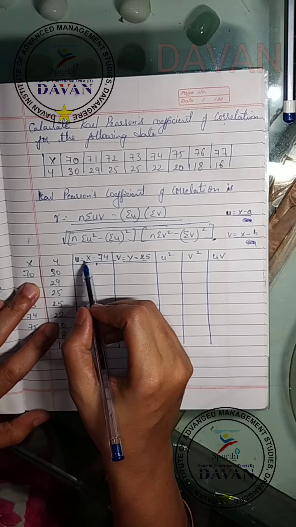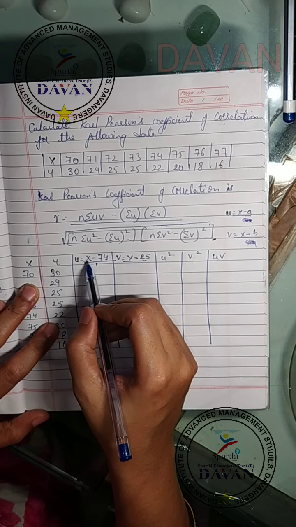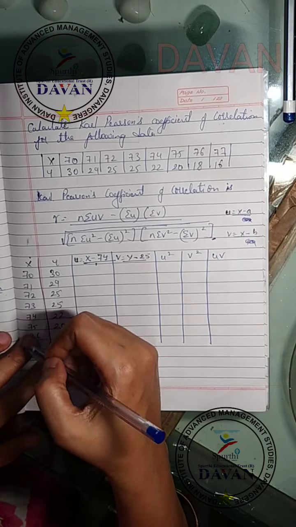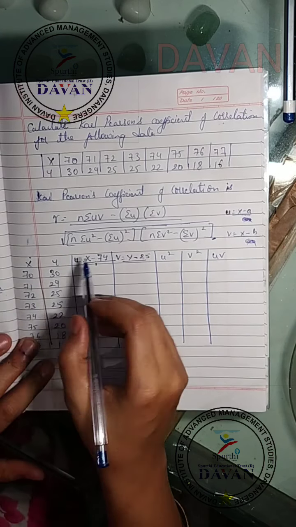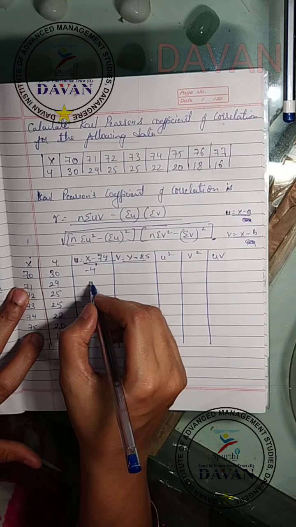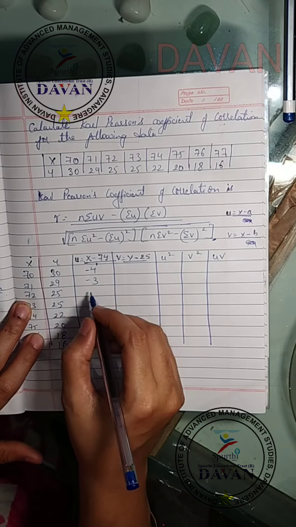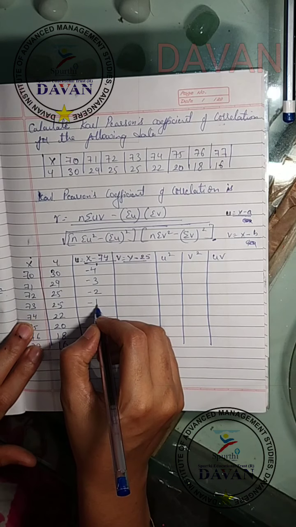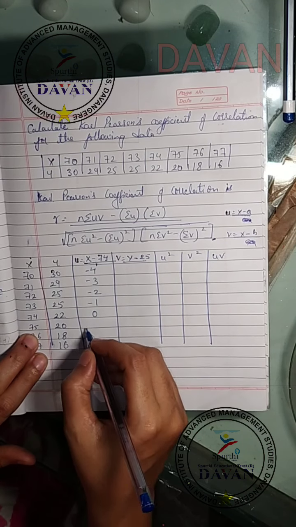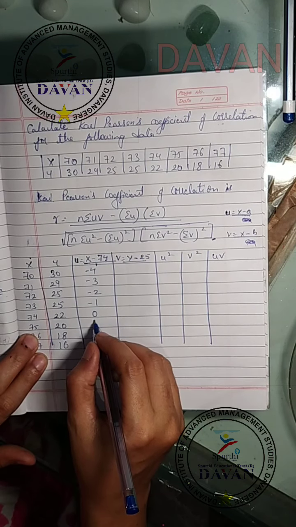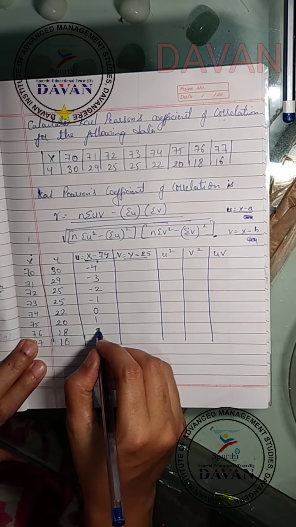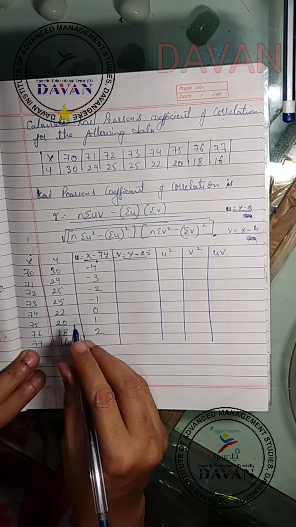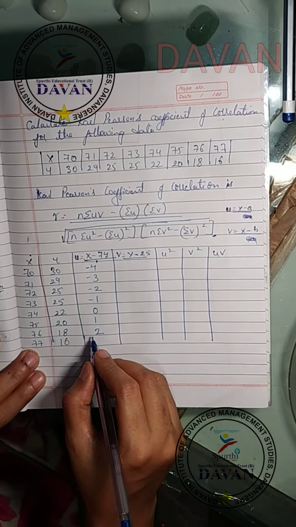So now U is equal to X minus 74. Just look into the X column. 70 minus 74 is minus 4. 71 minus 74, minus 3. 72 minus 74, minus 2. 73 minus 74, minus 1. 74 minus 74, 0. 75 minus 74, 1. 76 minus 74, 2. 77 minus 74 is 3.